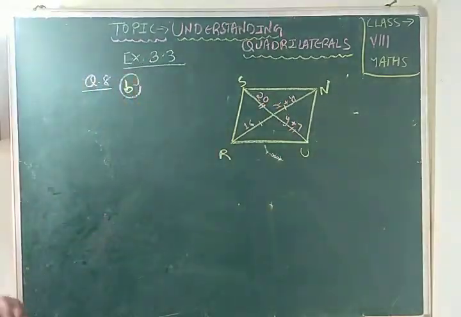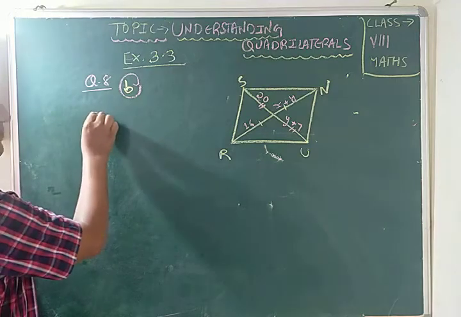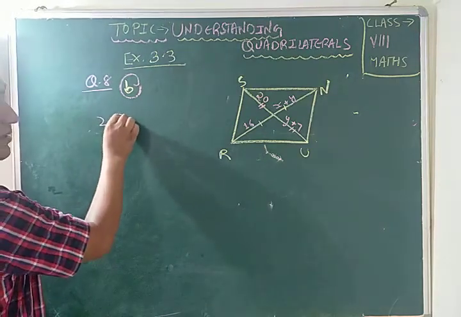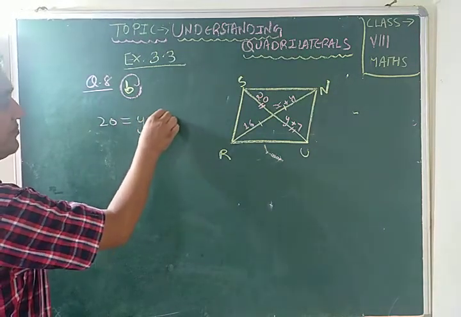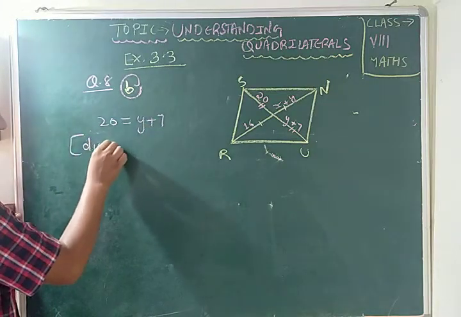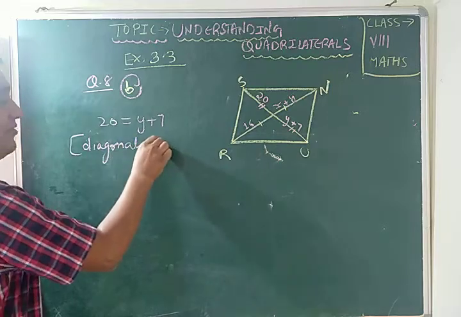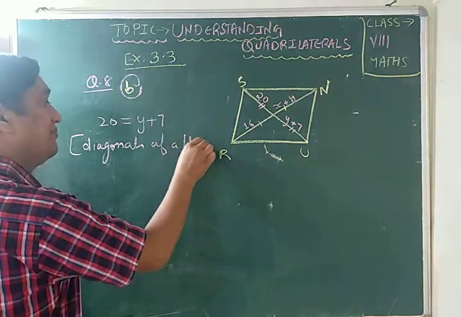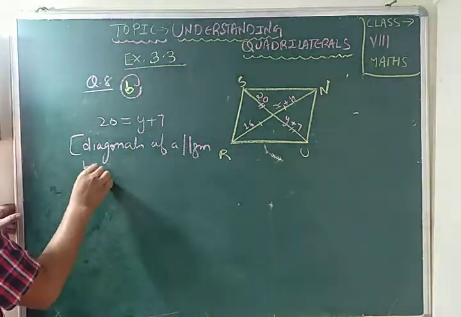So it becomes what? 20 is equal to y plus 7. Diagonals of a parallelogram bisect each other.